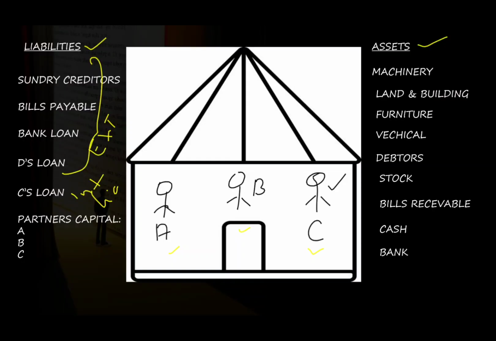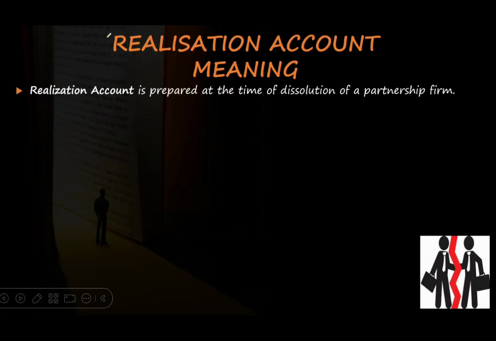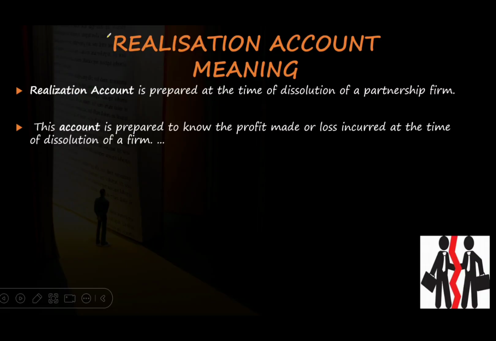So now let's see the format of a realization account with the meaning. Realization account is prepared at the time of dissolution of a partnership firm to know the profit made or the loss incurred at the time of dissolution.